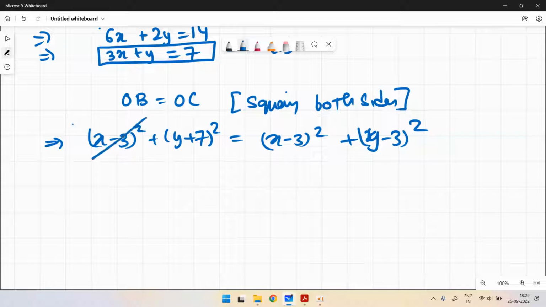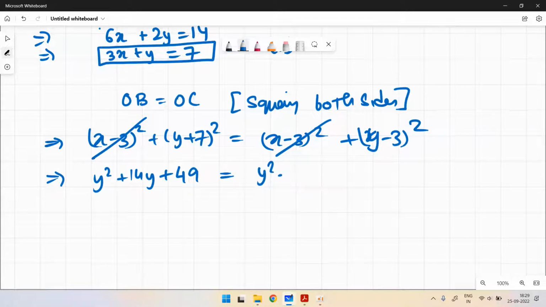Now you can directly see that these two get cancelled, which implies y square plus 14y plus 49 equals y square minus 6y plus 9.